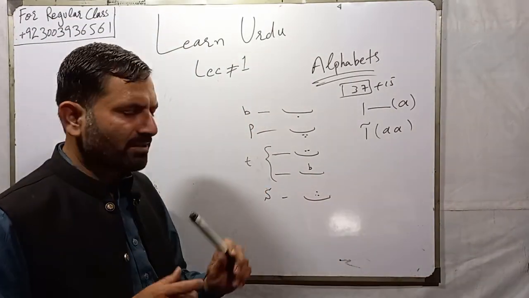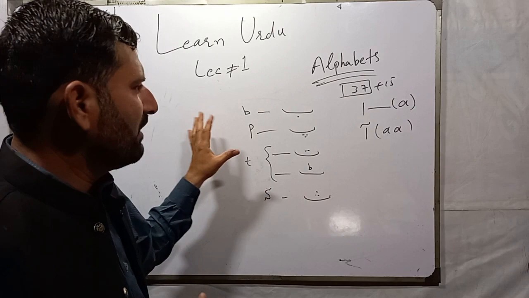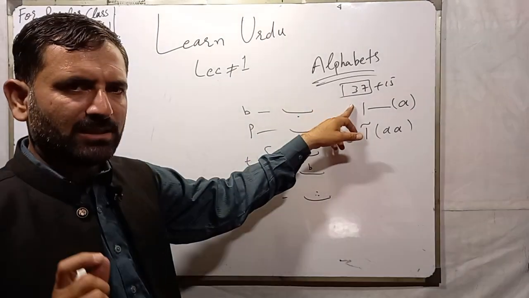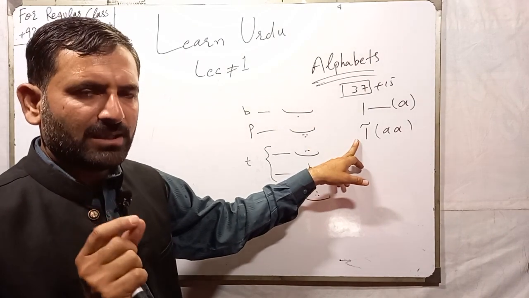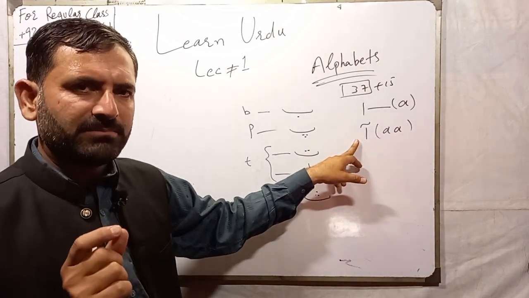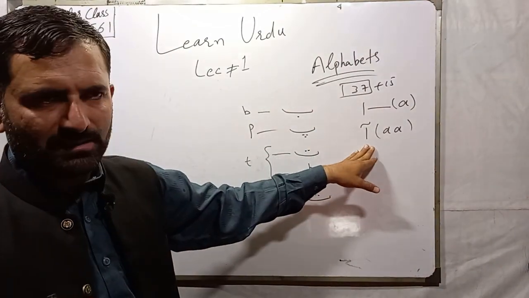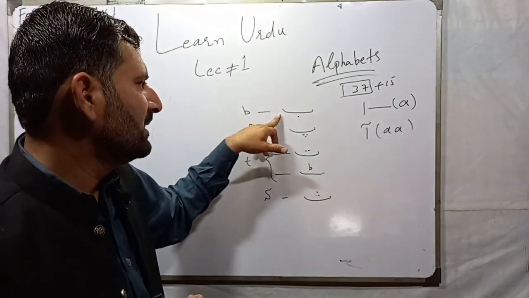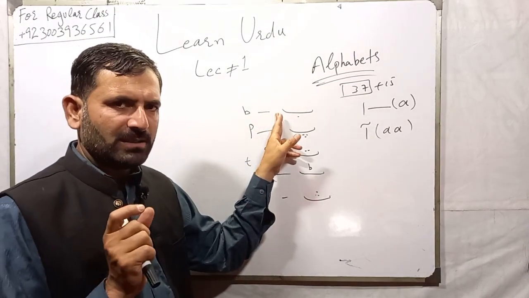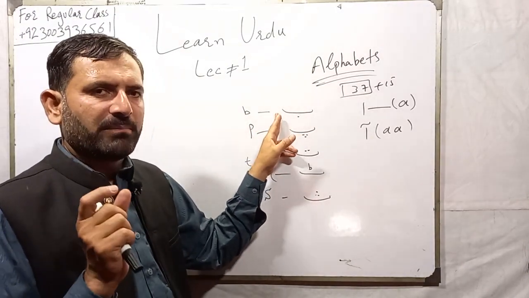It is our first lecture in which we have learned Alif, Alif Mad A, amad, am. These are words from Alif Mad A. Be sounds as ba, badal, barish.